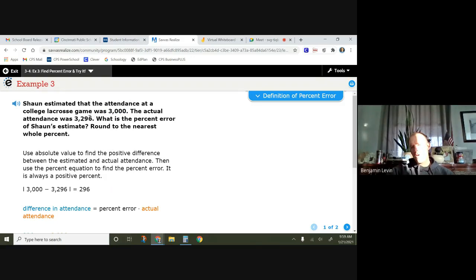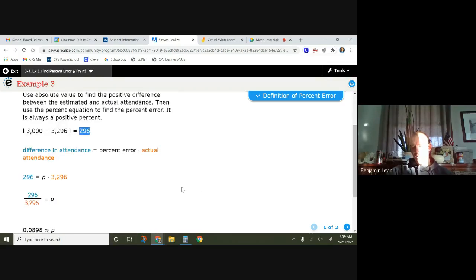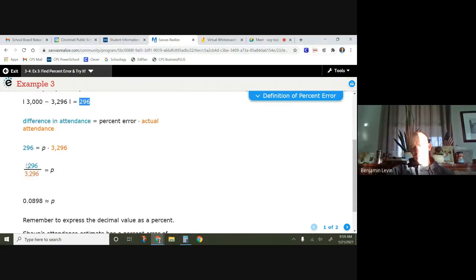The difference between his estimate and the actual attendance was 296 people, right? This minus this equals 296. So he was off by 296 in his guess. So all you need to do is, what's 296 divided by 3,296?